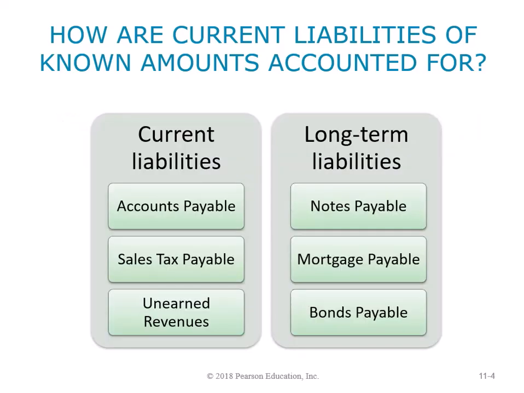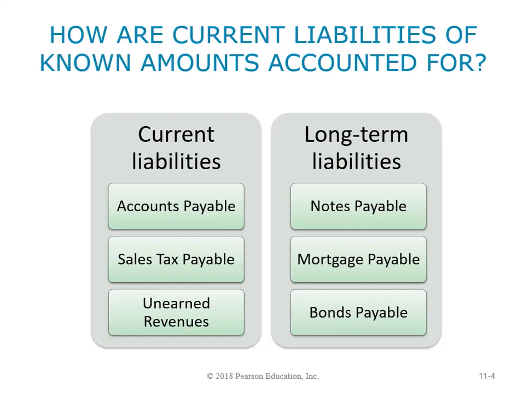Now, we're going to look at quite a few examples together, but here are just some common examples of current liabilities. Current liabilities: we've got accounts payable, sales tax payable, unearned revenues. Long-term liabilities: notes, mortgages, bonds are probably some of the best examples.